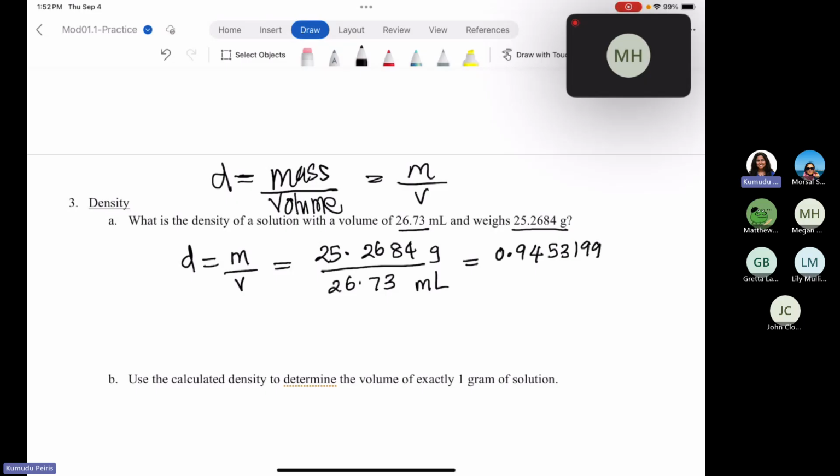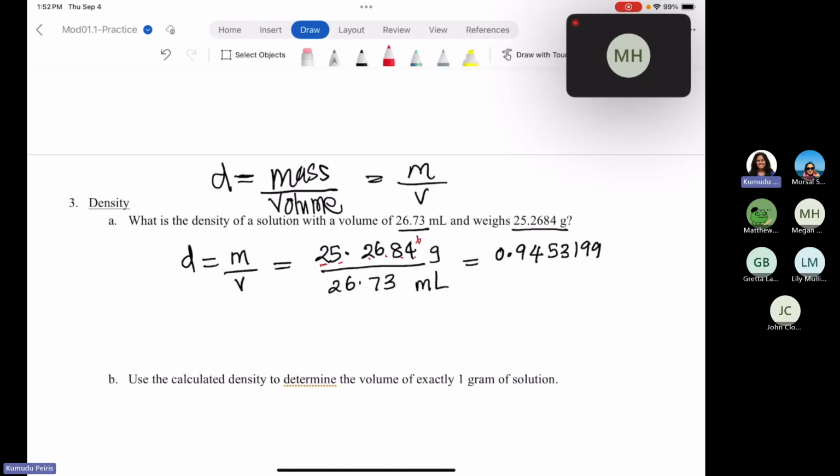0.9453199. Right. So, should I give that number? No. Now I should consider the number of significant figures. Here, look at this one. The first one has how many significant figures? 1, 2, 3, 4, 5, 6. It has 6 significant figures.